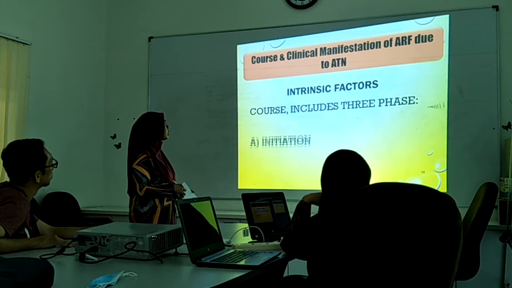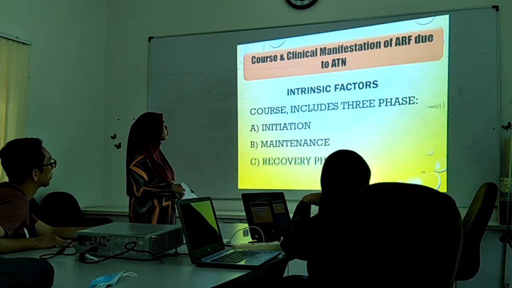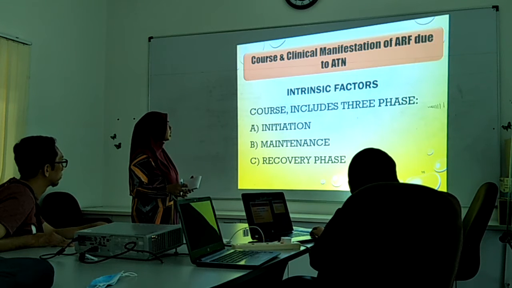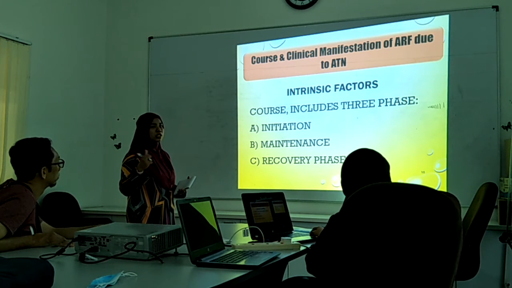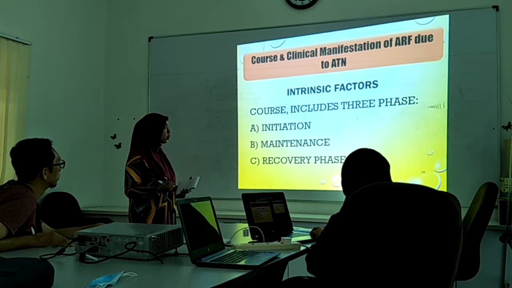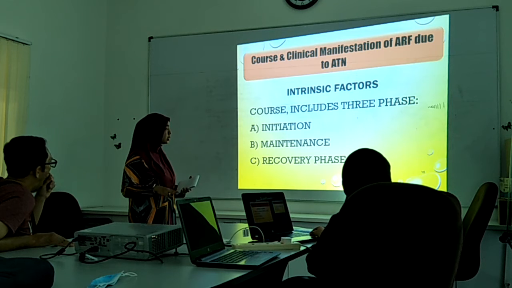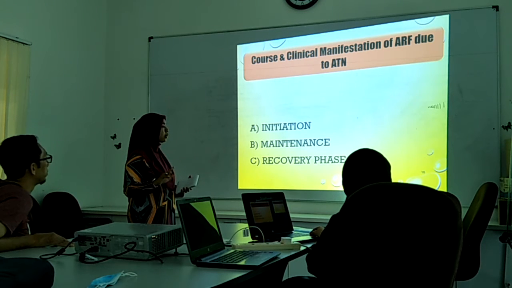Okay, cause and clinical manifestation of ARF due to acute tubular necrosis. The intrinsic factors include three phases. The initiation phase, or we call it the starting phase. Next, the second phase is maintenance, and the third is the recovery phase.